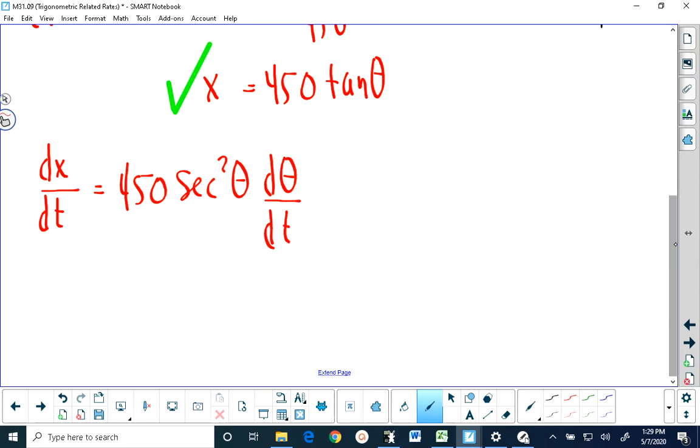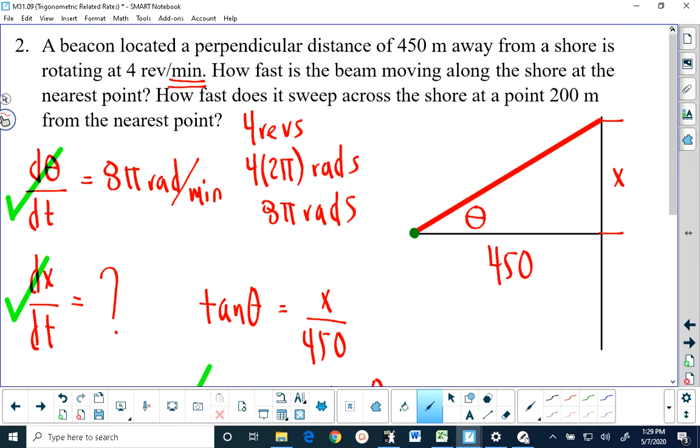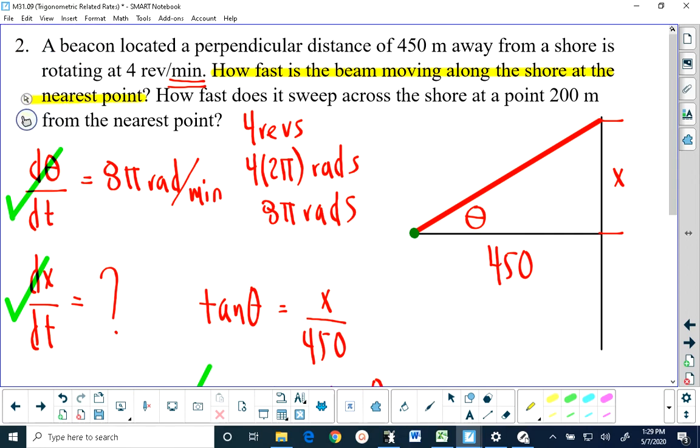Now, when you go back and look at the question, there are actually 2 questions. One of the questions says, how fast is the beam moving along the shore, which means what's dx dt at the nearest point?